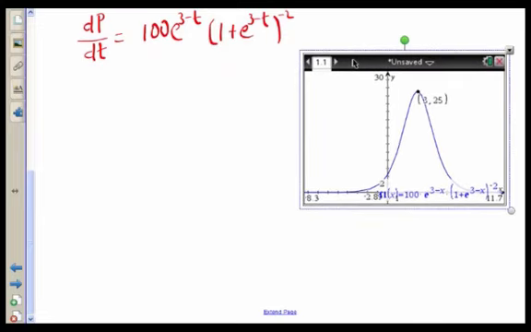And so what we've learned is that our flu bug is growing fastest at this point. Well, what does that mean? Well, the first coordinate is going to be the number of days that we're on, and the second coordinate is how fast. Okay.